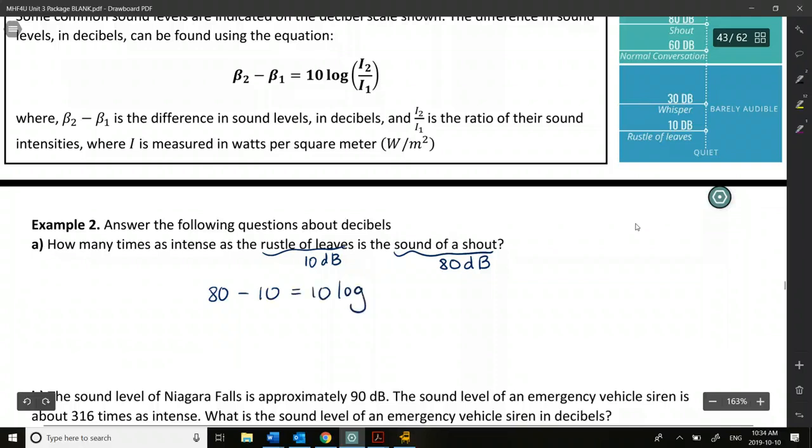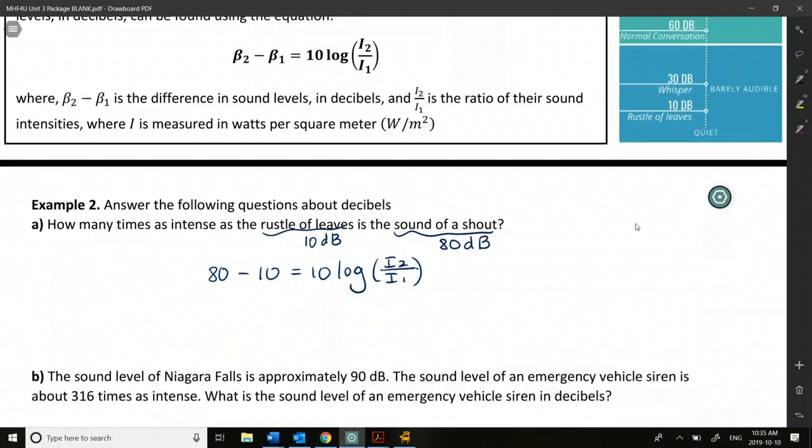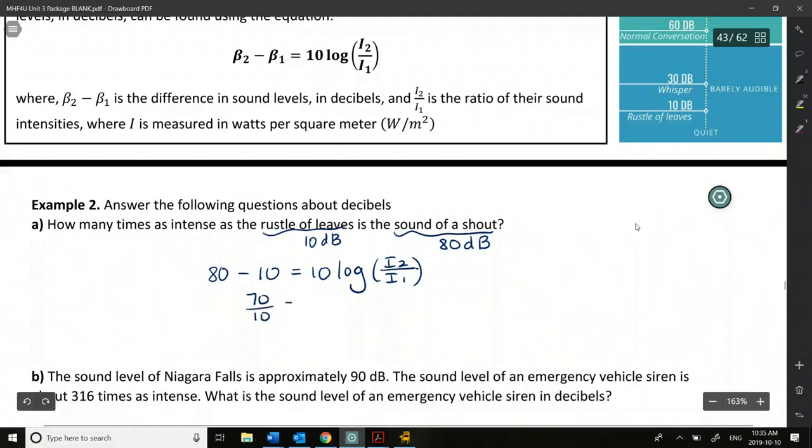If I'm looking for how many times more intense something is than another sound, I'm isolating for the full ratio of the intensities, the entire variable of I2 over I1, thank you. So this is 70. I'm also going to divide out that 10 there.